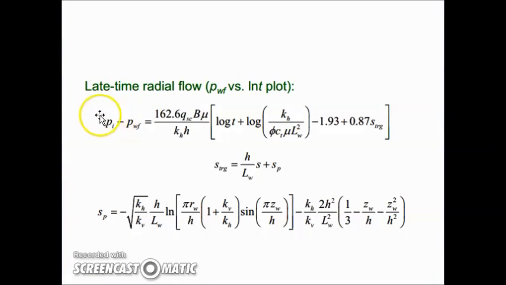The first one is, if you want to find the Pi minus PWF or the delta P, you can use this equation to find it. And for STRG, you can use this equation. And lastly, for the SP, you can use this long equation to find the SP.